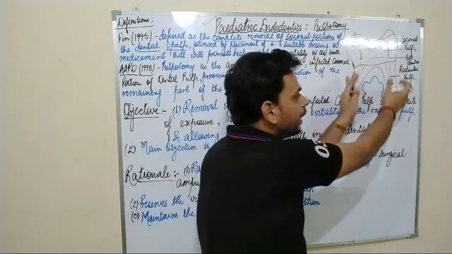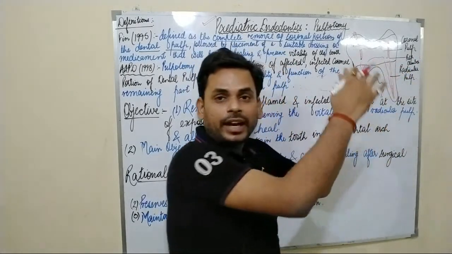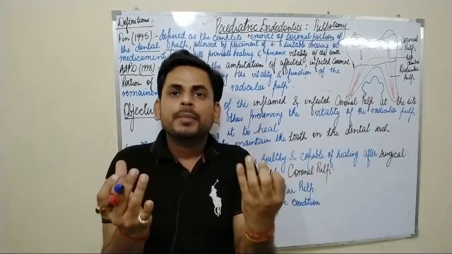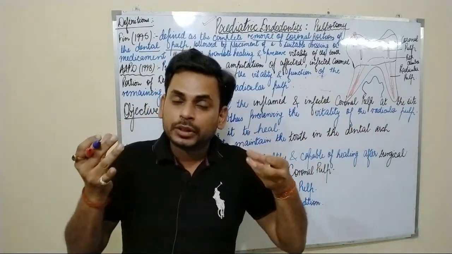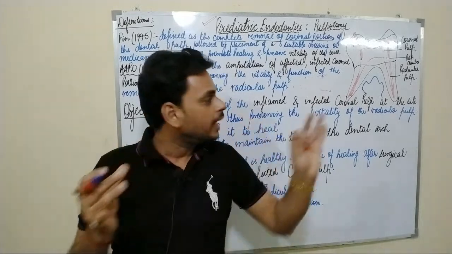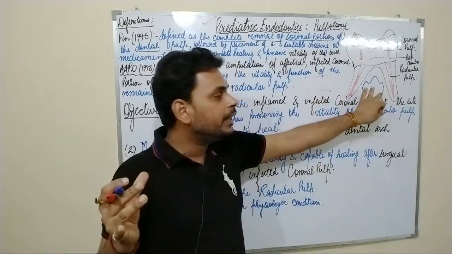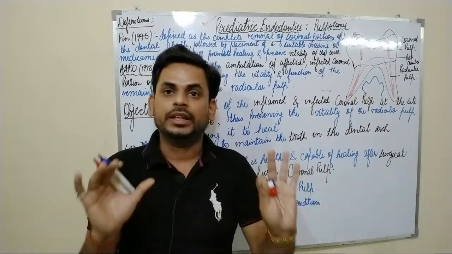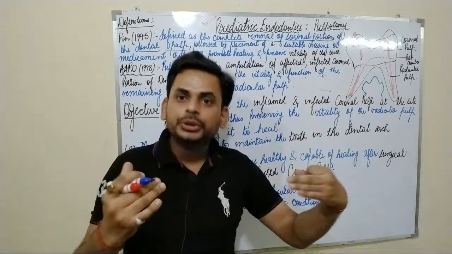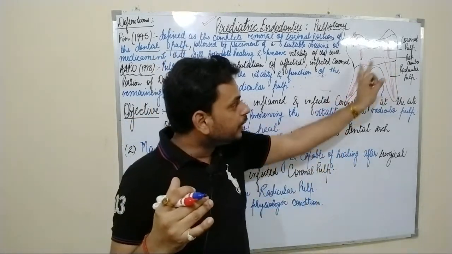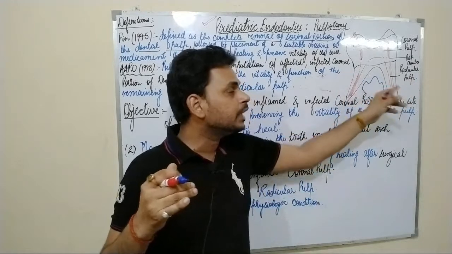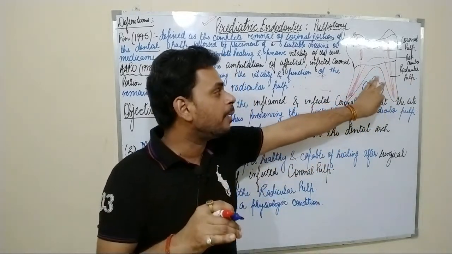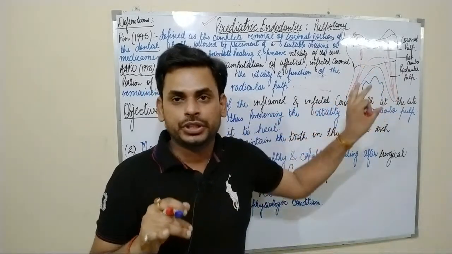Once the vitality of the radicular pulp is maintained, it will cause proper timing and proper eruption, and give the permanent succedaneous tooth its natural environment to erupt peacefully, in the usual trend. The surrounding adjacent tissues are not intervened with, because we are not supposed to harm the permanent tooth germ.